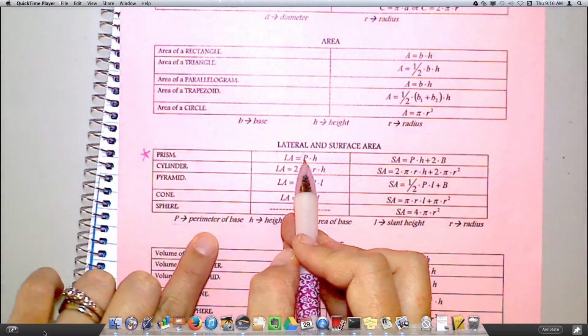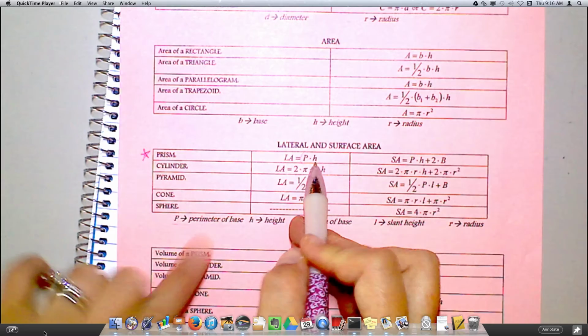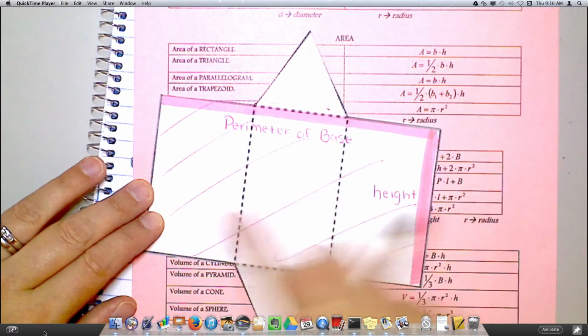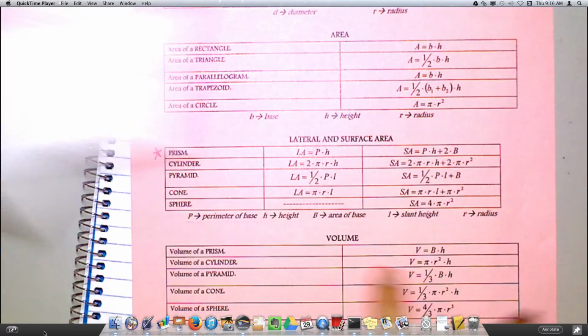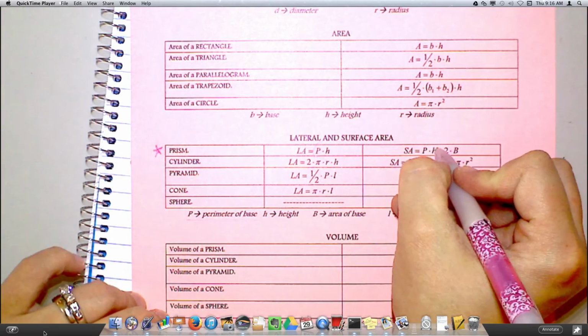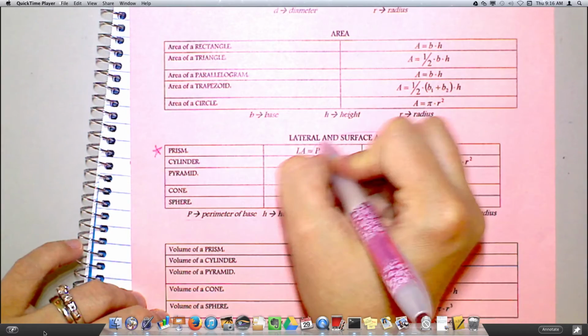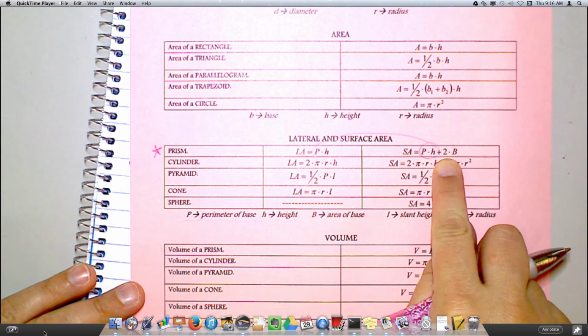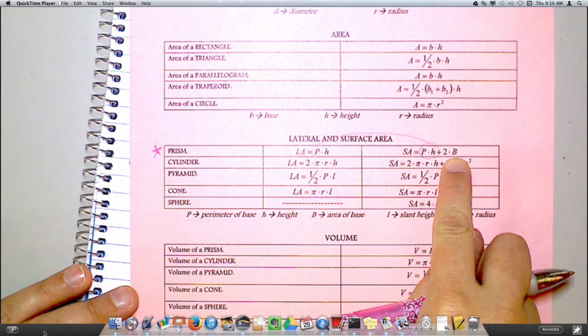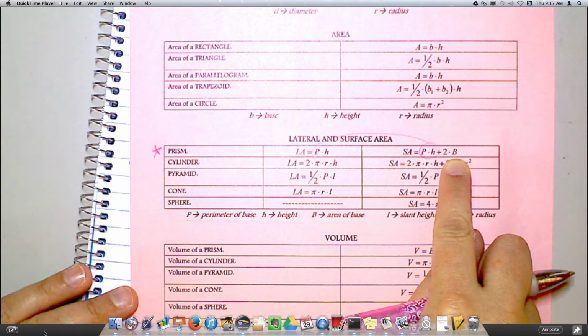P is the perimeter of the base, and multiply by the height, and that gives you the lateral area. If I want the surface area, I'm doing the perimeter times the height again, so notice that's just the lateral area. But then I'm adding 2 times the area of the base. That's what the 2B means. See how that formula works? Questions on that? Should we try one?